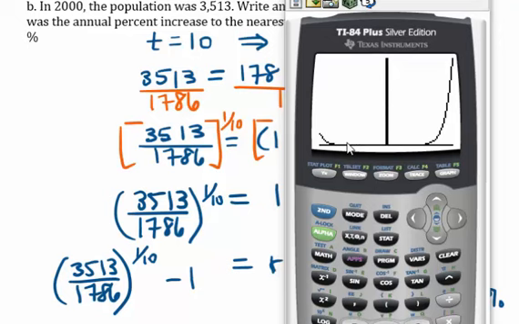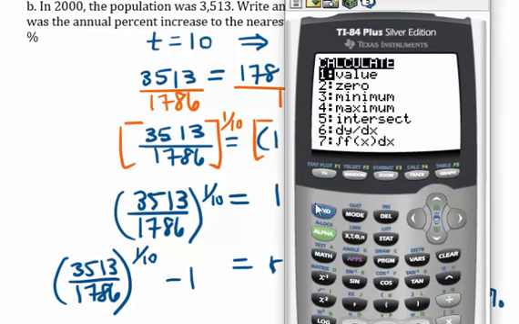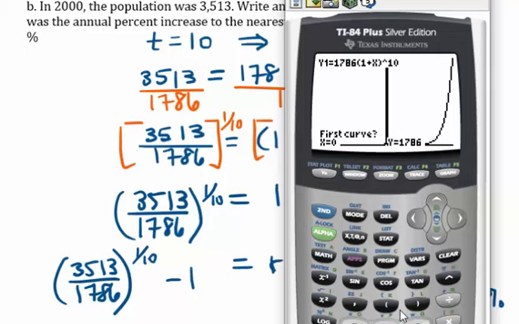And so where that line and that curve intersect is what I'm looking for. So I'm going to use the intersect feature, that's second trace, option 5, and then hit enter 3 times. And here is that X value that we found, which is really R, a rate of increase.